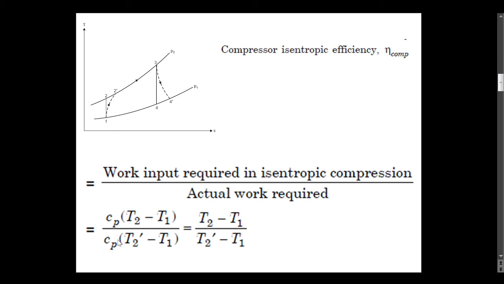Actual work required is equal to Cp, the temperature rise, that is T2 dash minus T1.